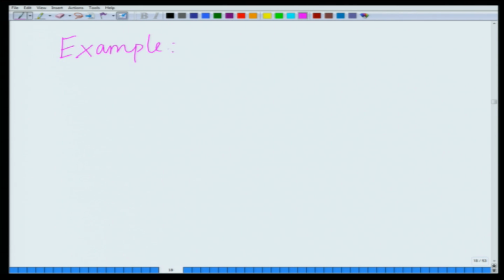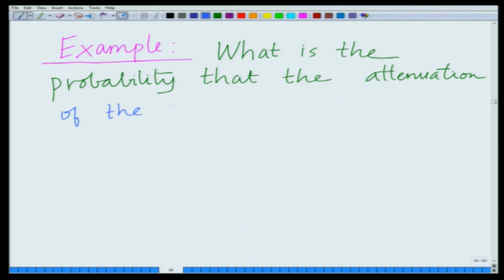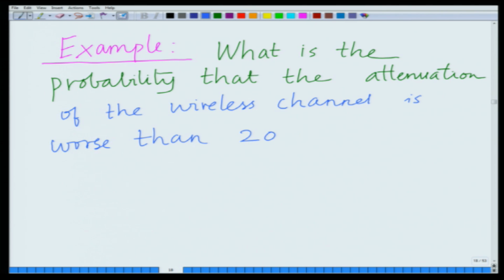Let us consider this Rayleigh fading wireless scenario that we are considering so far, and let us ask the question, what is the probability that the signal attenuation of the wireless channel is worse than 20 dB?